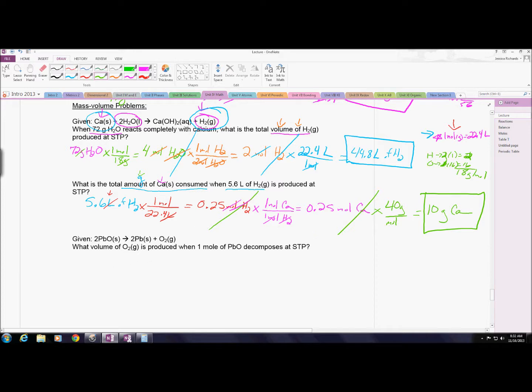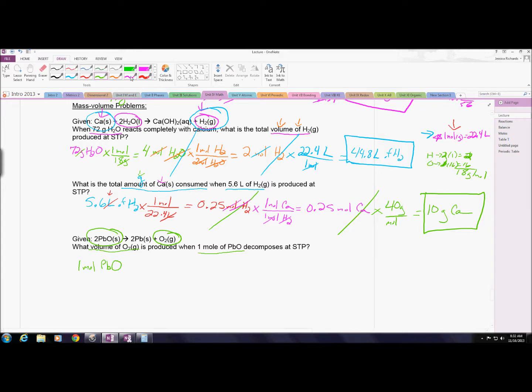Okay, another question. We're going to put all of the pieces together. What volume of oxygen is produced when 1 mole of PbO decomposes at STP? Here's PbO, lead 2 oxide. And I write down that I'm starting with 1 mole of lead 2 oxide. And I ask myself, am I in moles?